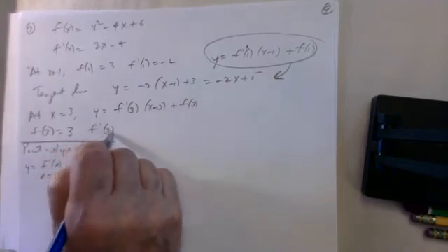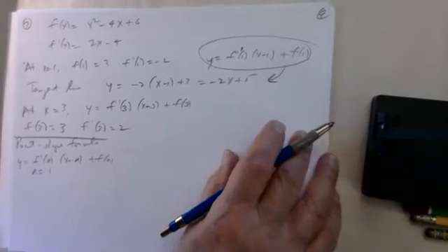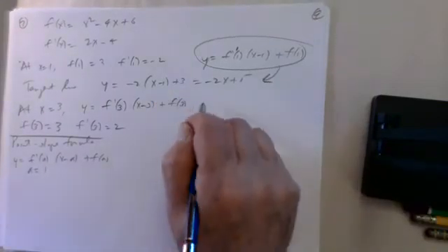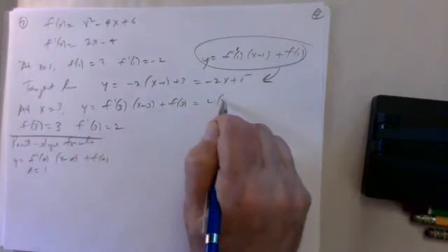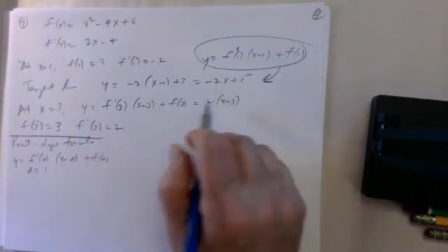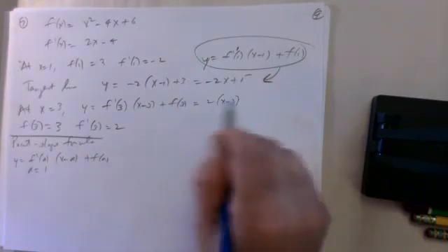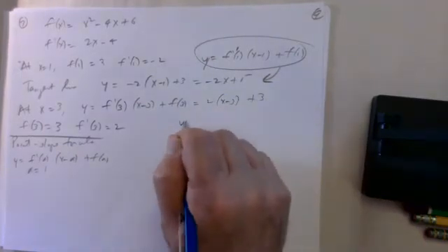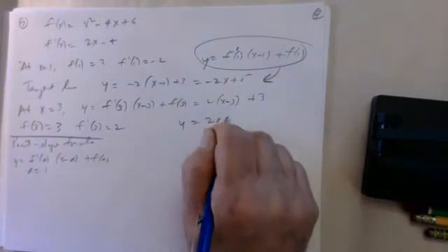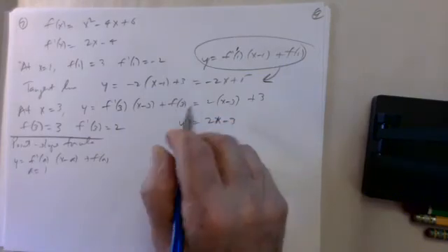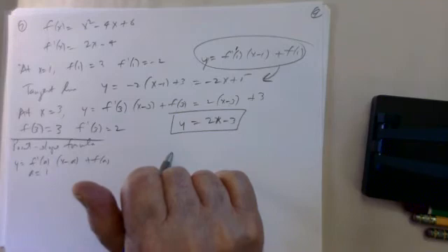And f prime of 3 is 6 minus 4, which is 2. So this tangent line is 2 times x minus 3 plus f of 3, or y equals 2x minus 6 plus 3, which is 2x minus 3. That's the second tangent line.